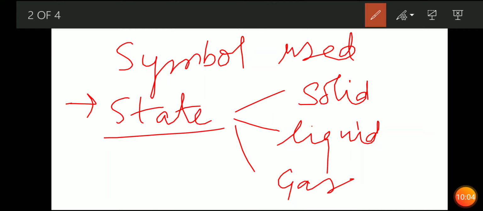Whenever you are writing a reaction, you should always mention the state of the substance, whether reactant or product. It will indicate in which state the substance is present and in which state a new product is formed.